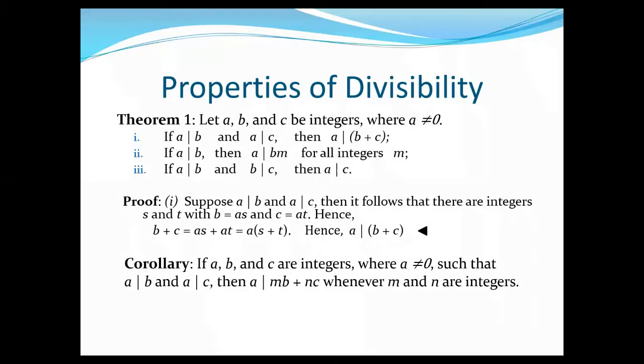So when we introduce an integer and multiply it to B and C, still A is a factor of the sum of MB plus NC. Again, this is just an extended version of theorem number 1.